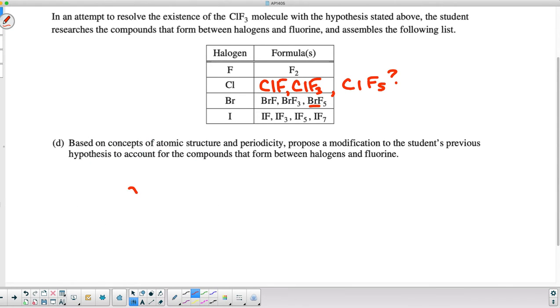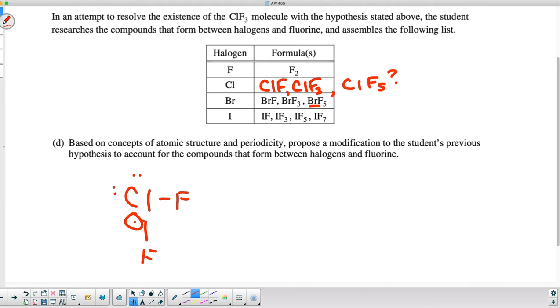The reason why you can't have an even number is that if I get one here, and I go for 2, that means I still have a single electron there. And you can't have a single electron. Sometimes it happens, but typically it is not stable to have a single electron.